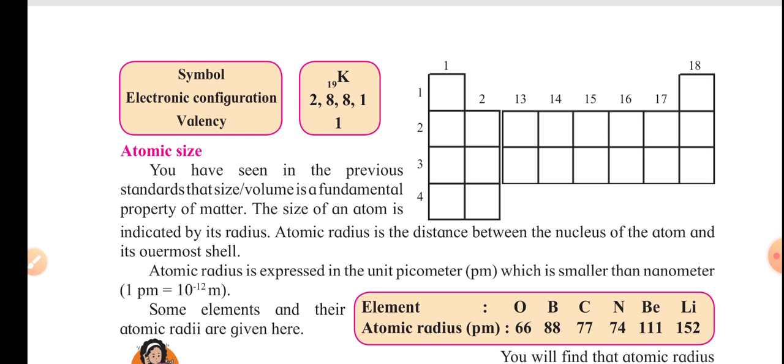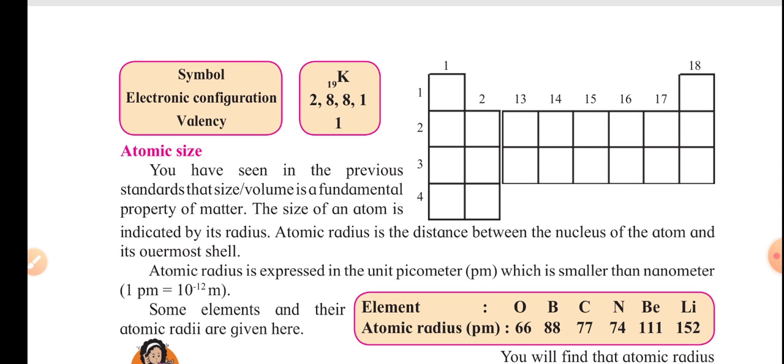Valency is an element's ability to combine with other elements, and it is determined by the number of valence electrons present in the outermost shell of an atom. So we have seen the valency.